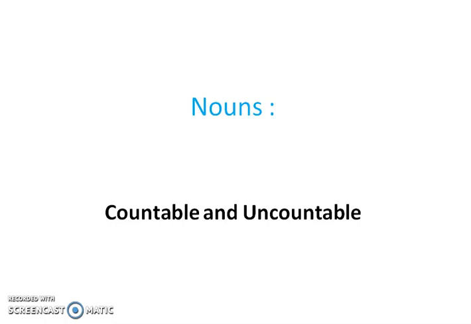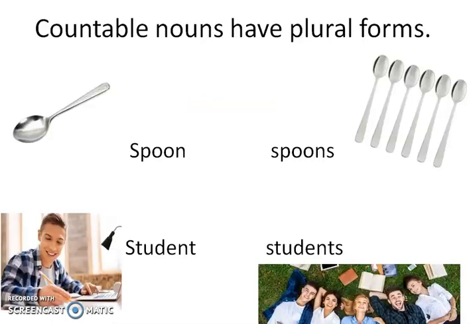Okay, so we all know something about the nouns, that they are divided into two sections, the countable and uncountable. Countable and uncountable, the countable and uncountable nouns. So countable nouns have plural forms.